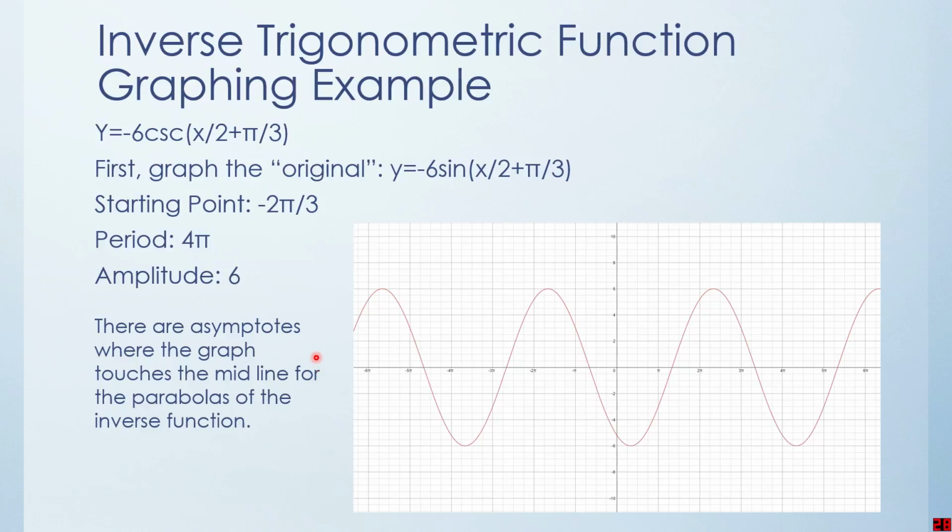And there are asymptotes where the graph touches the midline. Once you put in the parabolas here, there are asymptotes every time it touches the midline. In this case, the midline is the x-axis. So if there's an asymptote here and an asymptote here, it helps guide your parabola drawing.